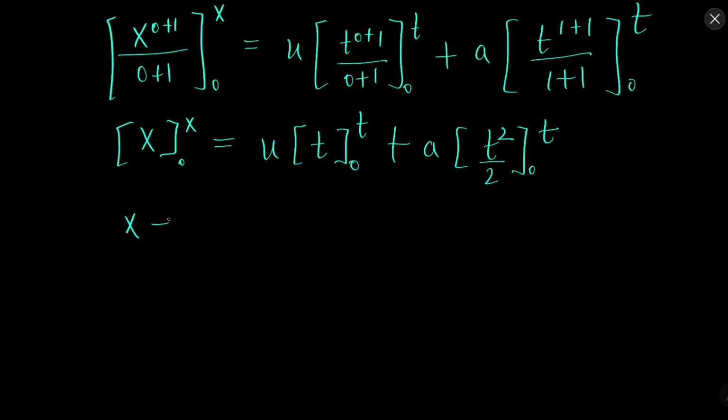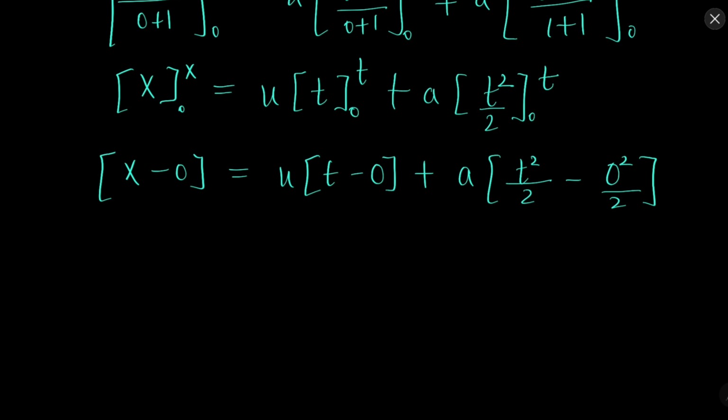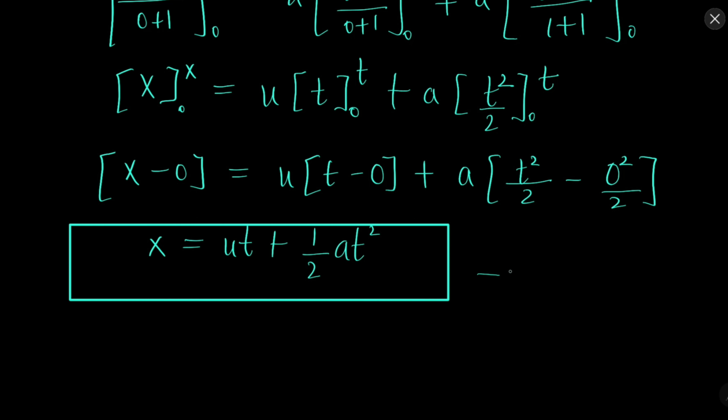Now again upper limit minus lower limit, upper limit minus lower limit, plus again upper limit minus lower limit, putting 0 at the place of t and t at the place of t. So I get x equal to ut plus half at square. So this gives me the second equation of motion.